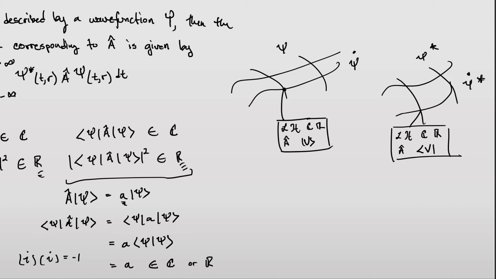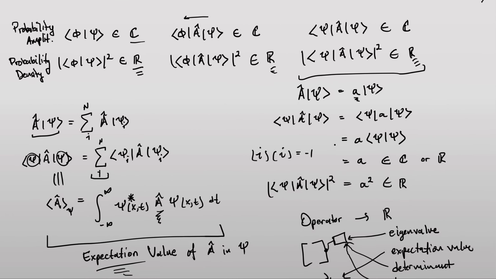our bra space, because our bra space is a map that takes ket vectors into numbers, so that when we apply these two fields together, we get numbers that we can actually measure. And what's the link? Well, if we come back down here, the expectation value considers our bra space and our ket space.